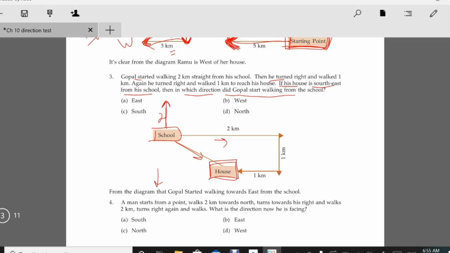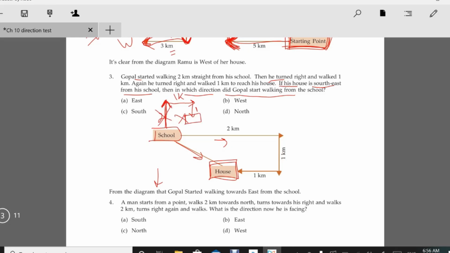If he is standing like this, right is here, and walked 1 kilometer. Very good. Again he turned right and walked 1 kilometer. Very good. But he is not reaching his house. His house is not here.